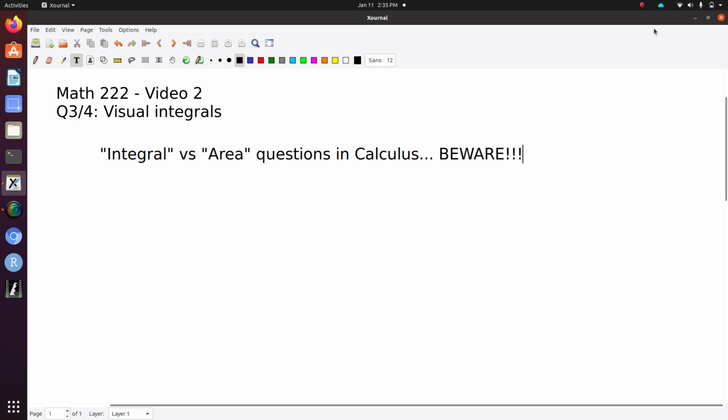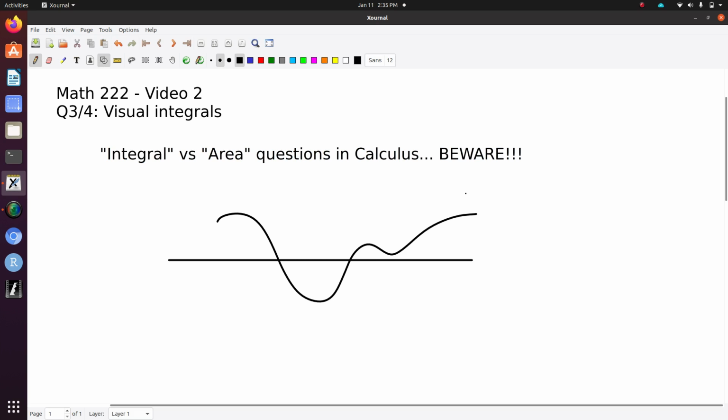If the area you're looking for is strictly positive, always above the axis, then they're identical. So in order to drive the intuition, we really focus on that. However, you do have to be aware as soon as you start ending up with functions that go above and below the axis, you have to be very, very careful whether the question says integral or area.